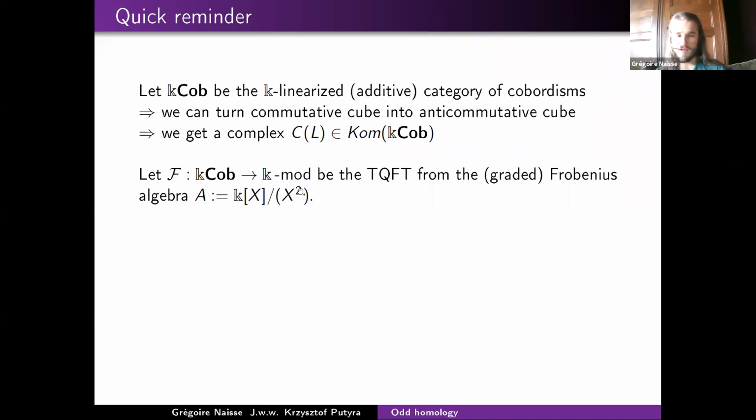This is a 2-dimensional algebra, so it will send a circle to a 2-dimensional vector space. And if you don't know what a TQFT is, well, it simply means that it is a functor from the category of cobordisms to the category of vector spaces. Okay, and because it is a TQFT, you can apply it on your complex here, and you get a complex of vector spaces.